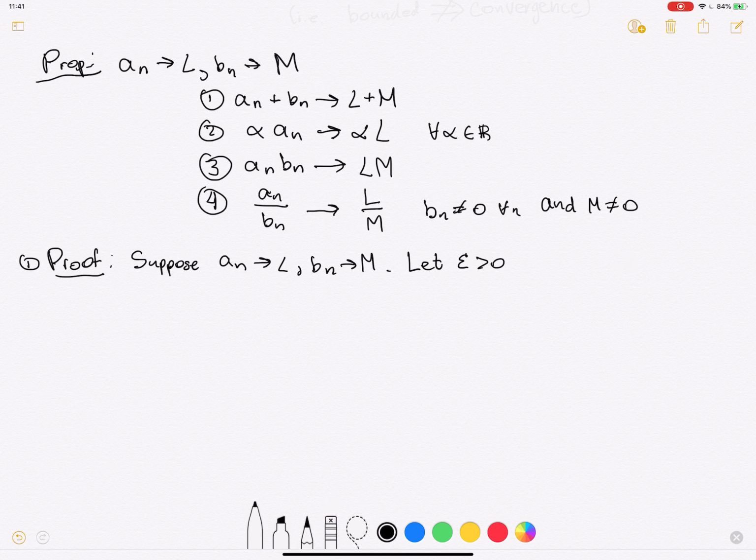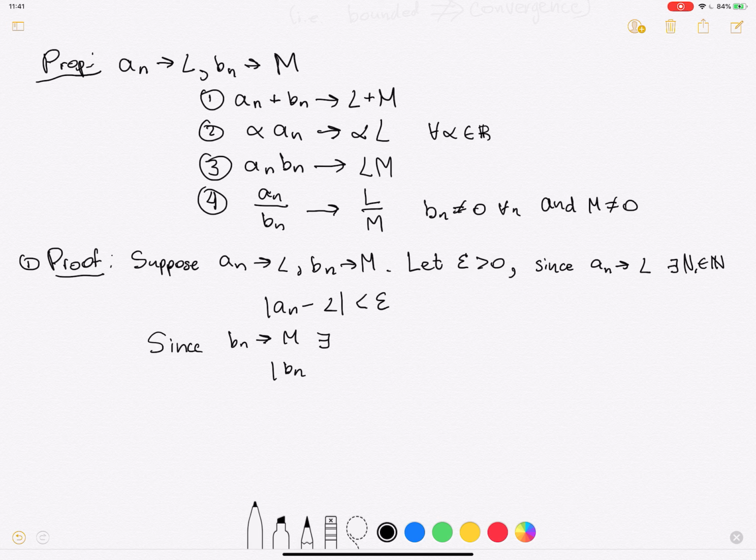Let me rephrase that. Let epsilon be greater than 0, and since we know that the sequence a_n has a limit L, there's N_1 in N such that |a_n minus L| is less than epsilon, and since b_n goes to m, there exists N_2 natural such that |b_n minus m| is less than epsilon.